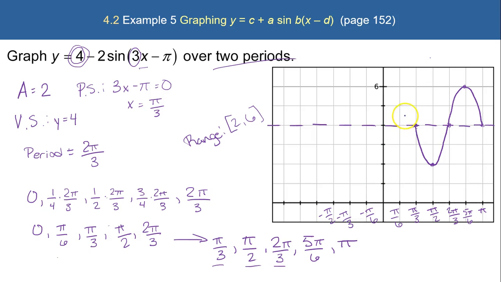So since we're here, we're going to be up here, then come back down here, and then go down even further here, and then back up, and then up again, and then back down. And it just repeats that pattern over and over. Okay, so there you go. There are 2 full periods graphed right here, and you can keep on going.